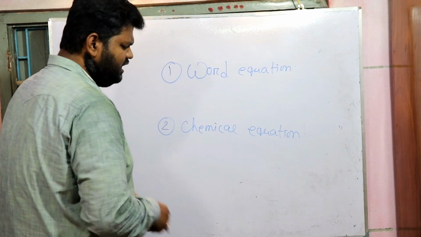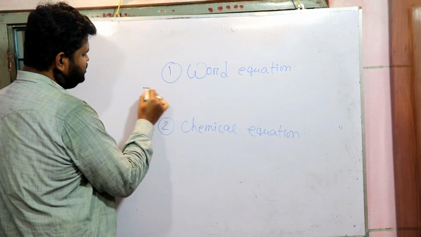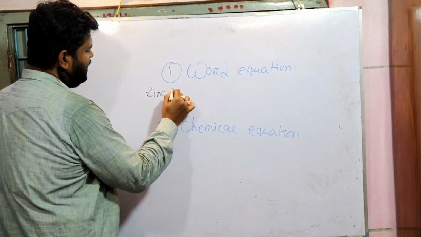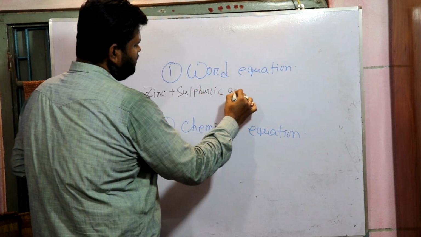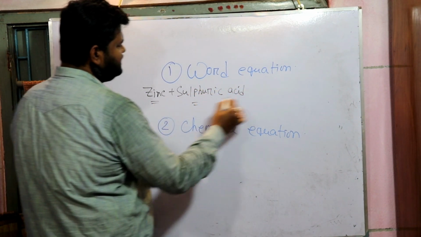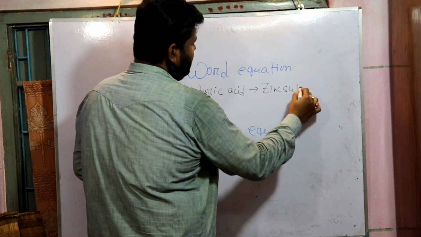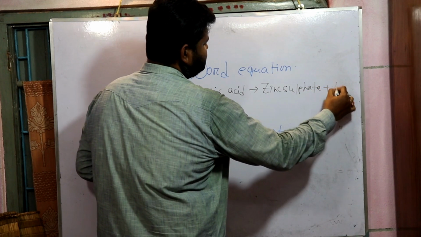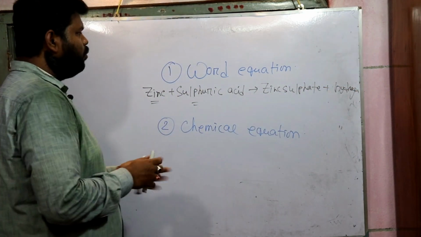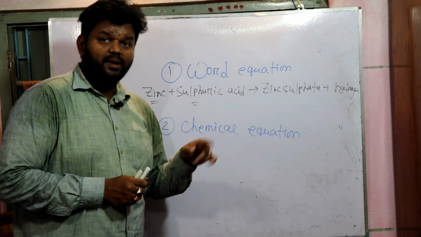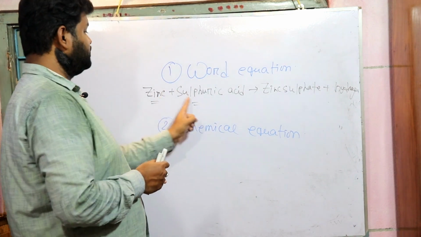What is a word equation? Very simple. Suppose zinc plus sulfuric acid, these are the reactants, and the product will be zinc sulfate plus hydrogen. So this is the word equation, that means we are representing the reaction by words only.